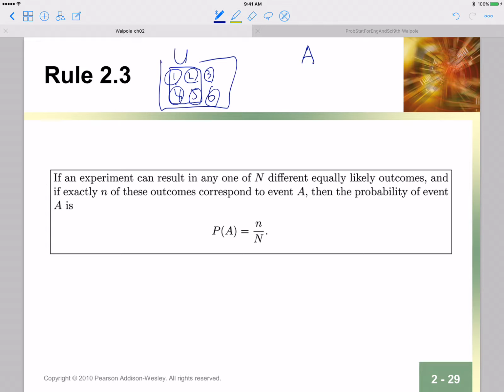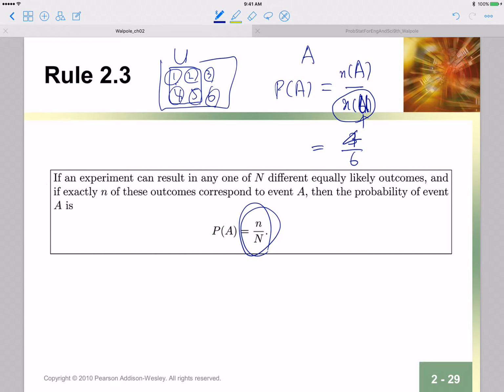In that case, the probability of event A is simply the ratio of the counts: the cardinality, or number of elements, of A over that of the sample space, right? So it will be 4 over 6. That's what this equation says.